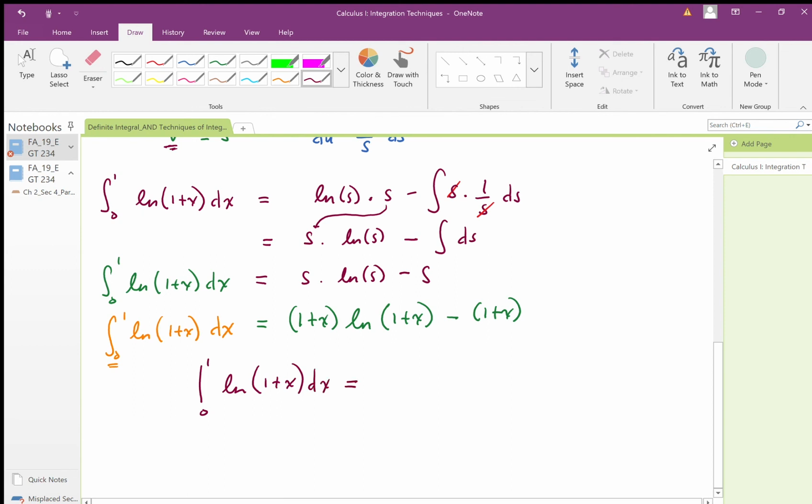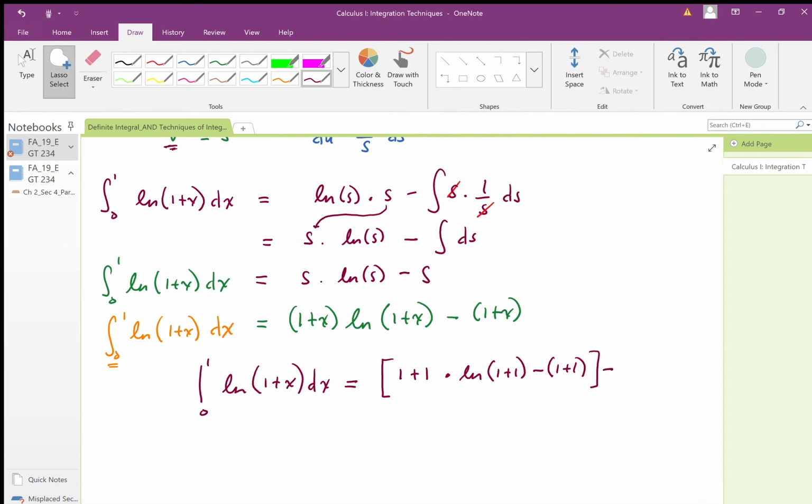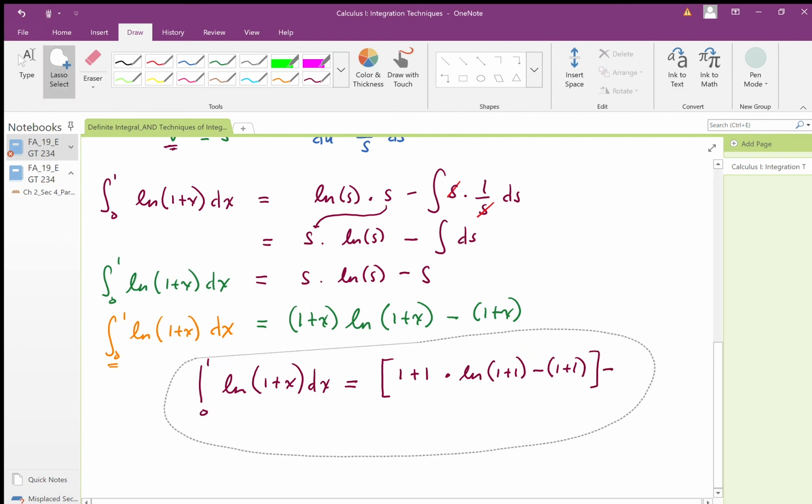Wherever I see x, I'm going to put a 1. 1 plus 1, times the natural log of 1 plus 1, minus 1 plus 1, minus, let me just bring this over so we can see this here.